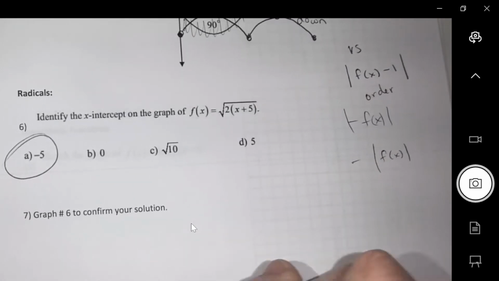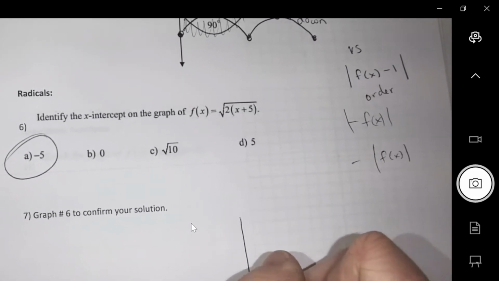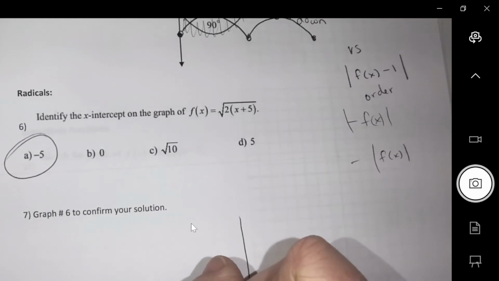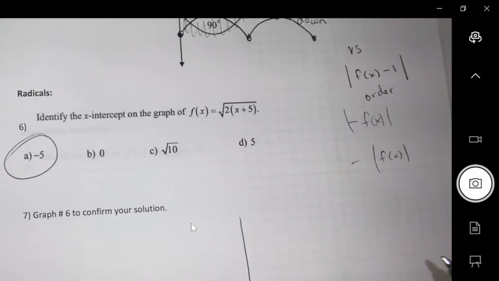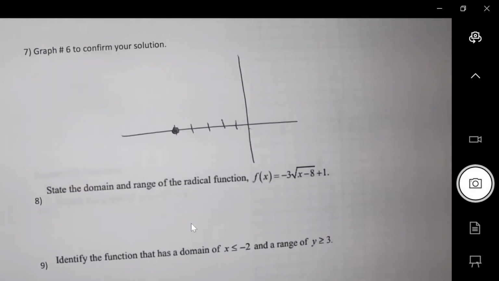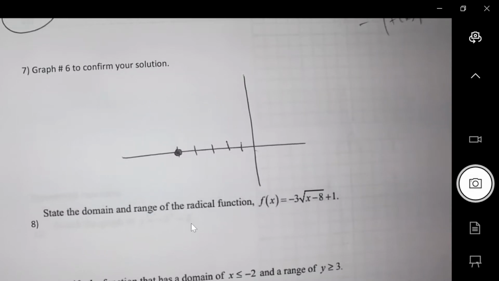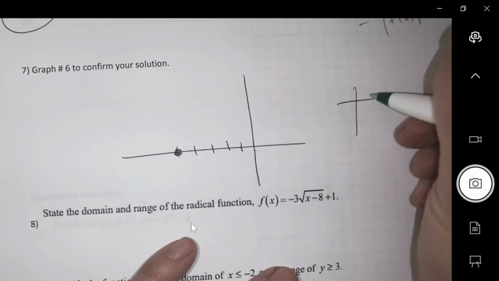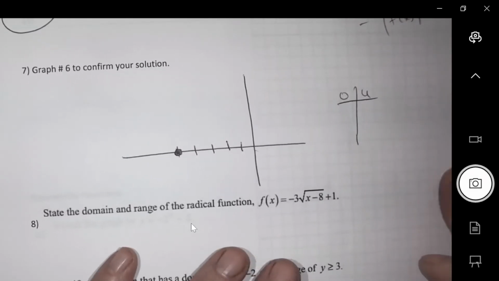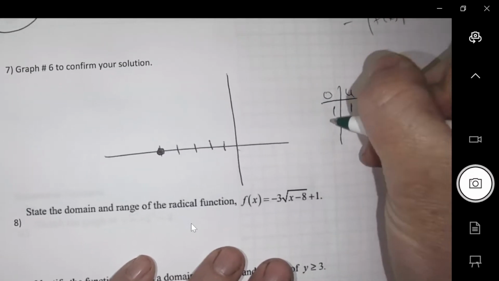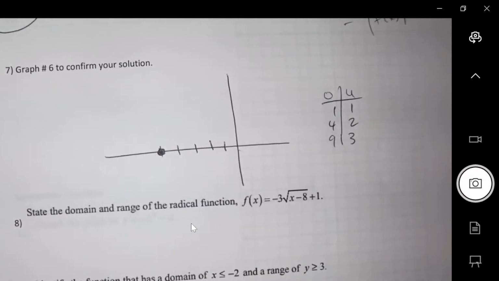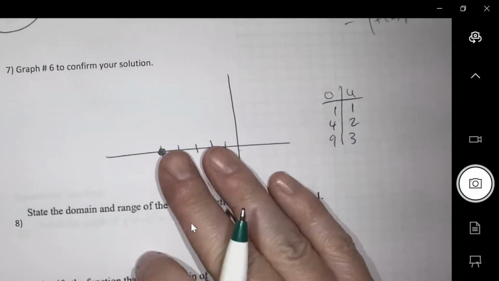Okay, so let's show what this looks like. Put the 2 there to try and screw with you. It's moved left 5. Now what? Over 1, up 1; 4 over, 2 up; 9 over, 3 up. What do you want to do with that 2? What letter is it, A, B, C, D?